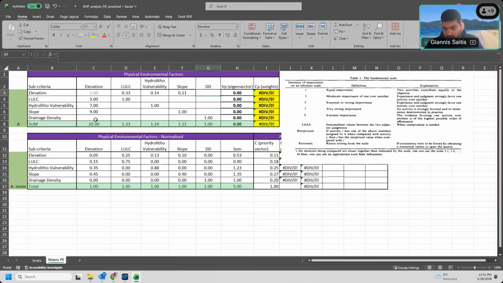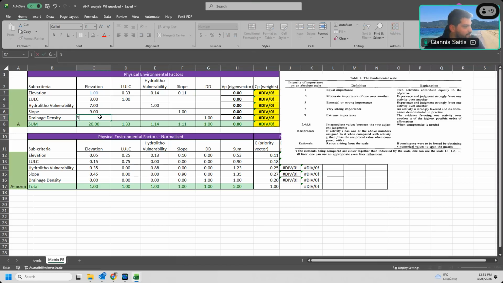For me, to be honest, I wouldn't go with that much, because the drainage density is very connected to the elevation. Higher elevation cannot have a high drainage density. But I don't want to change your feeling.